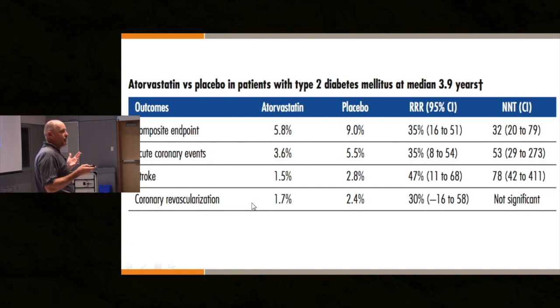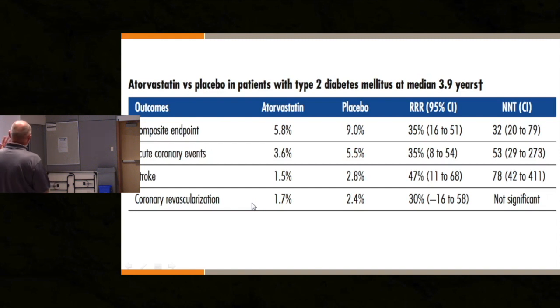If it's going to help me, maybe I'll be one of the ones to benefit. But when you're up higher for the stroke, around 78, then maybe it's not as effective as we thought. Again, calling into question whether statins are really as effective for stroke as we've been led to believe.